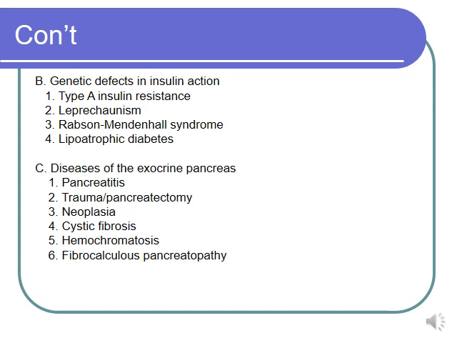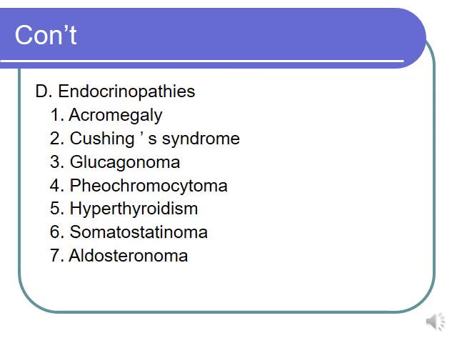lipoatrophic diabetes, and coming to diseases of the exocrine pancreas: pancreatitis, trauma or pancreatectomy, neoplasia, cystic fibrosis, hemochromatosis, and fibrocalculous pancreatopathy. What are other endocrine diseases which can cause an increase in blood sugar level?